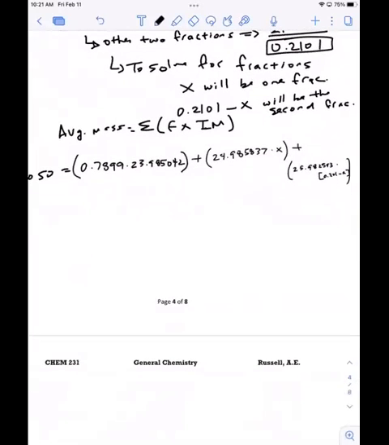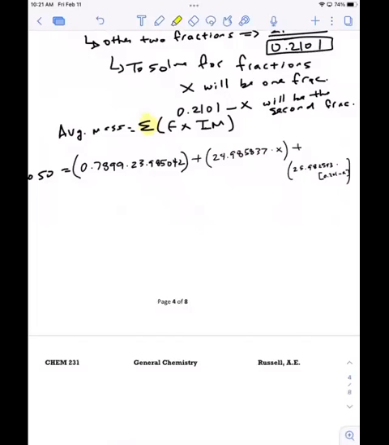Remember, when we talked about this yesterday, I made it a point to say when you see that sum right there, that's going to be however many isotopes you have, that's going to determine how many things you're adding together.